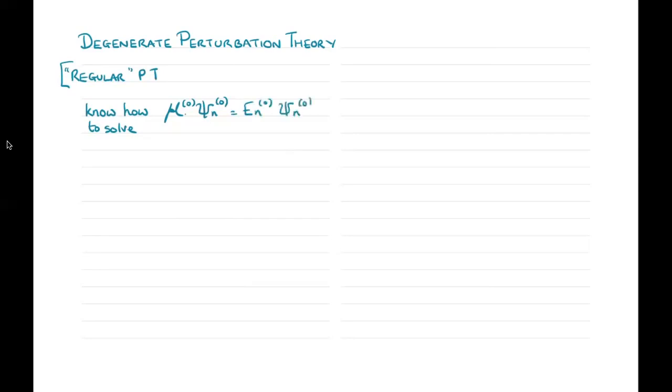Here the superscript stands for zeroth order, and the subscript labels the energy level, the wave function and its energy level. And we want to solve a general Schrödinger equation.